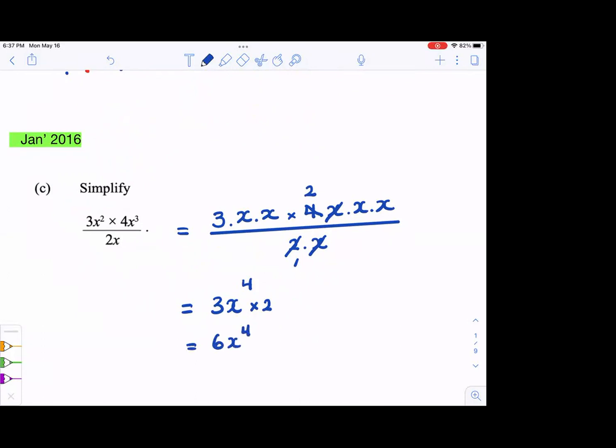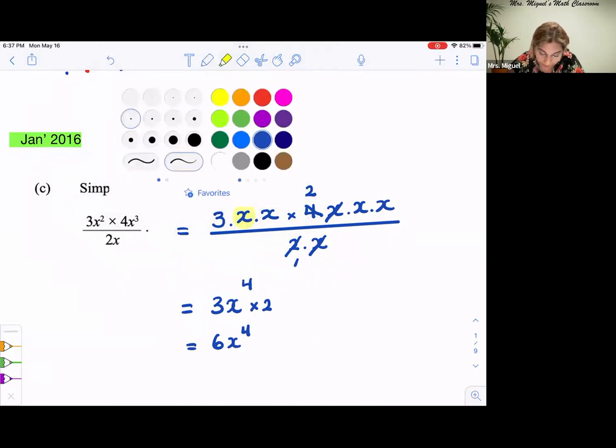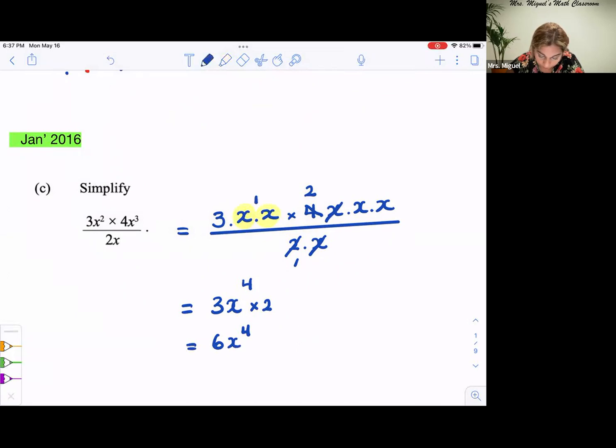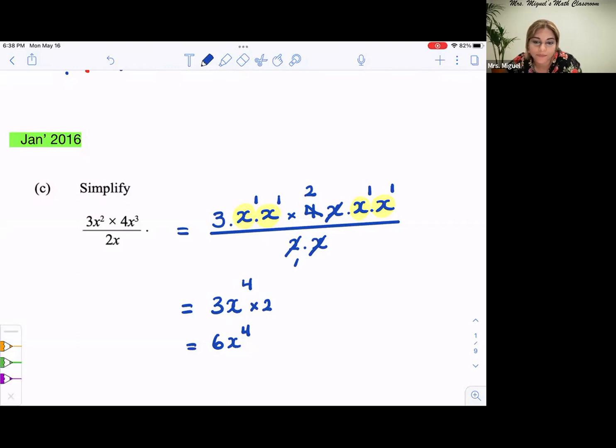And the reason why I put x to the power 4 is because here I have x to the power of 1, here I have x to the power of 1, here I have x to the power of 1. And when the base is the same, I can add the powers. You understand now? Where is the 2x?